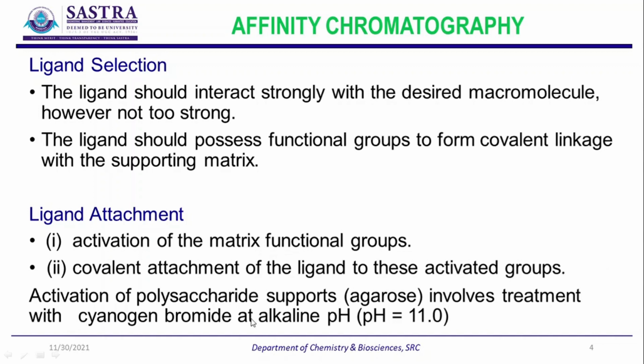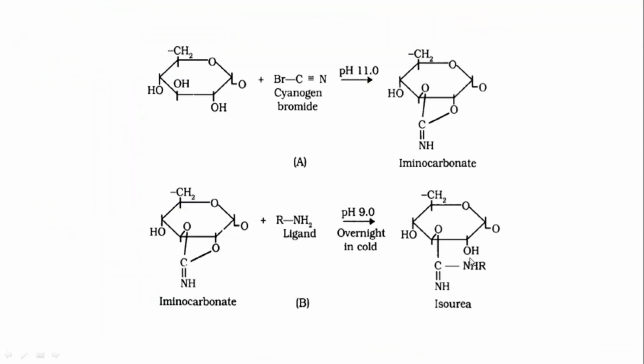Activation of polysaccharide supports, for example agarose, involves treatment with cyanogen bromide at an alkaline pH, pH 11. Only then can the support be activated.